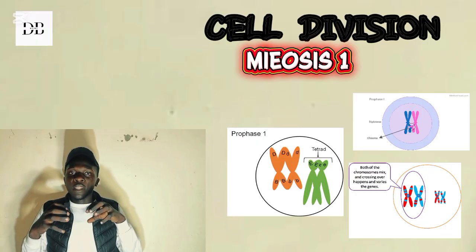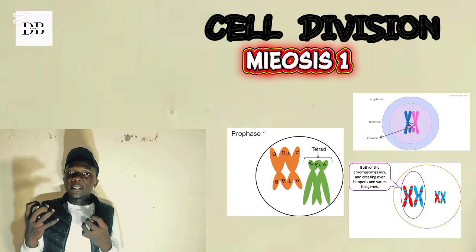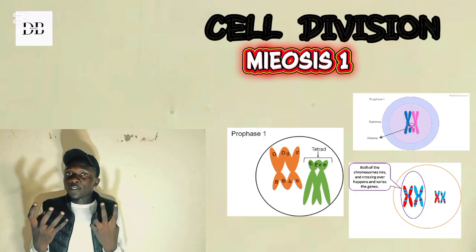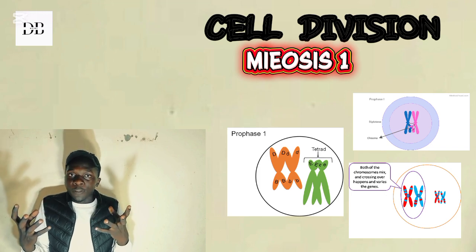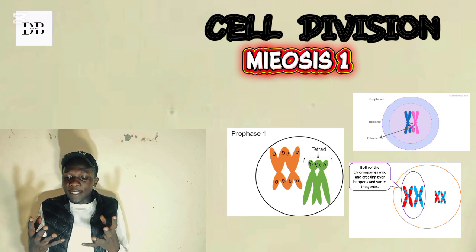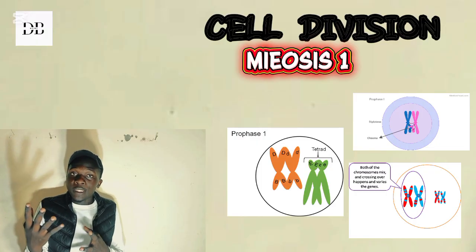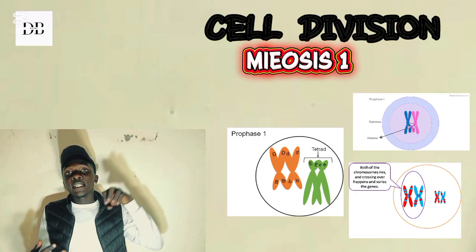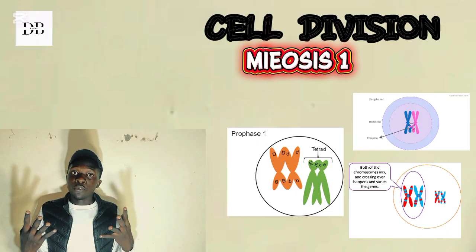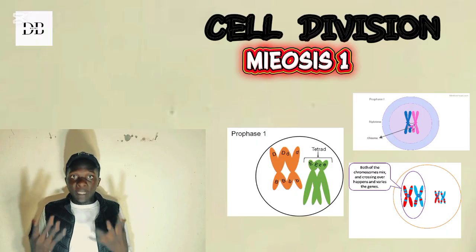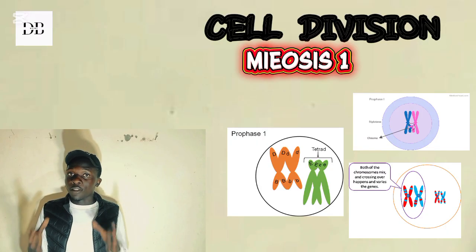When they mix up at that point, the two chromosomes exchange materials. That is the first reason why the cells produced in meiosis will be genetically different from the parent, because there is an exchange of genetic material during genetic recombination, which we call crossing over.